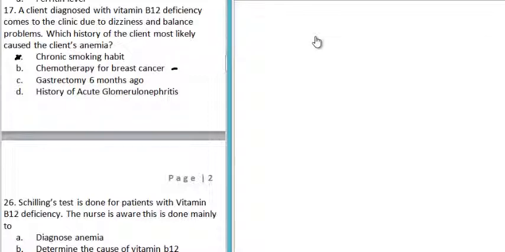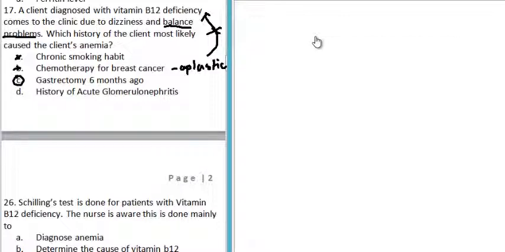Aplastic anemia. But aplastic anemia doesn't have any problem in the balance. Aplastic anemia is not related to vitamin B12 deficiency. So eliminate B. So the answer is letter C.